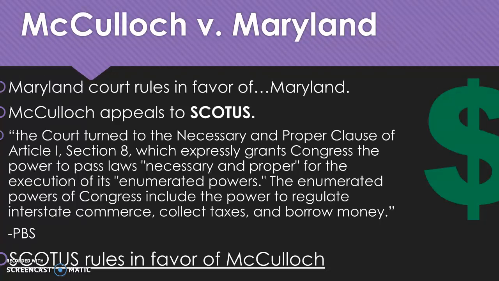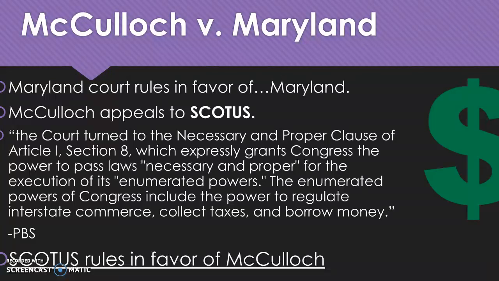Now, what's not unusual is that when this goes to trial, the state of Maryland rules in favor of the state of Maryland because they wanted to uphold what they believed was their right to impose taxes on a bank that was not a Maryland bank.